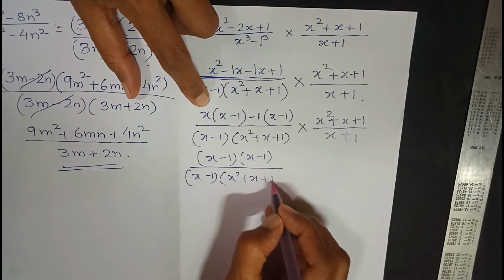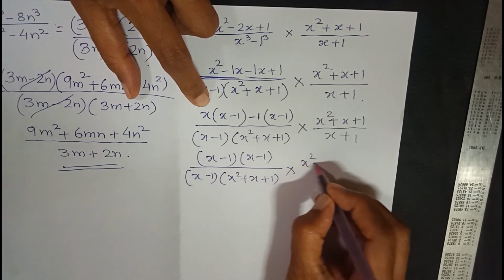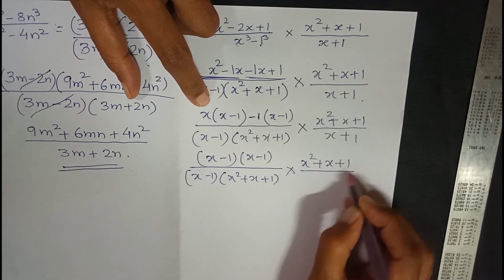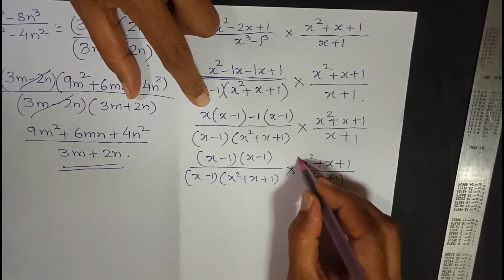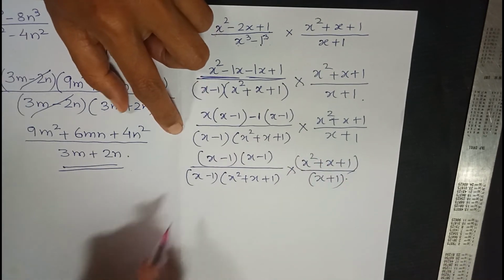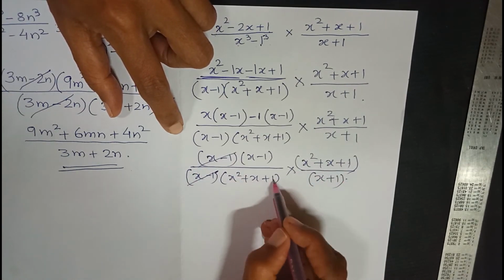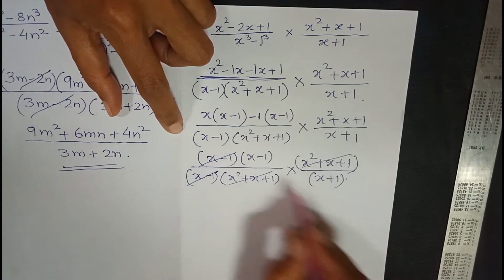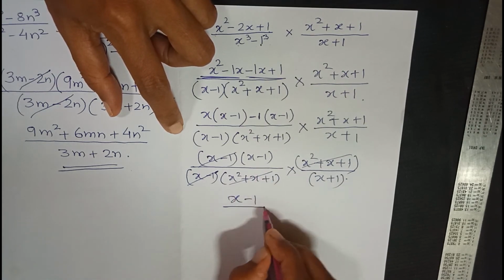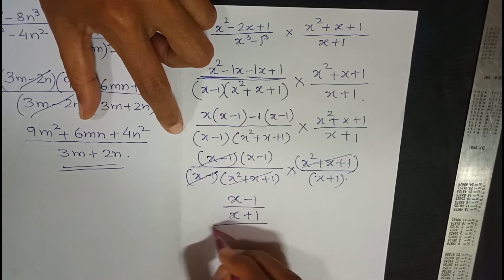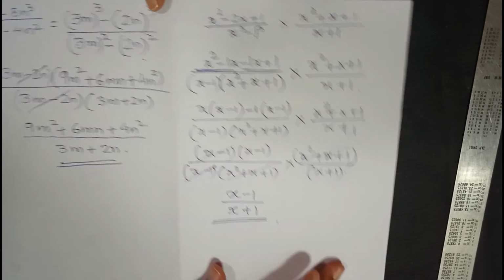First convert everything possible into brackets, and then we should see of cancellation, not before. Now we have completed everything. So x minus 1, x square plus x plus 1, x square plus x plus 1 gets cancelled. Now what remains is only x minus 1 upon x plus 1. So this is our answer.